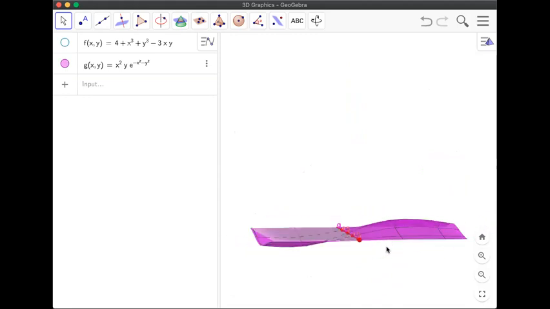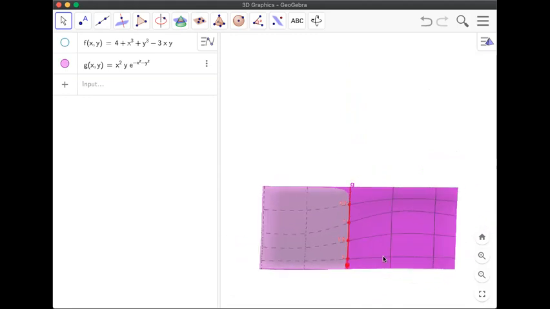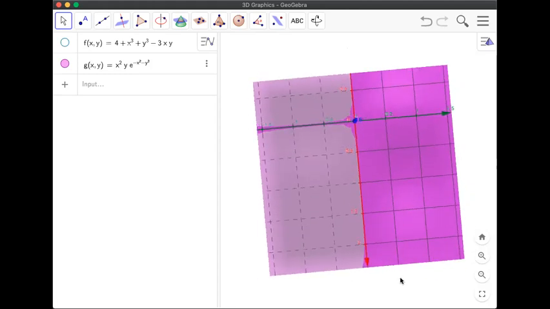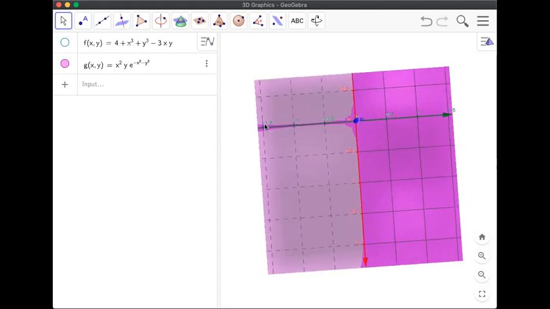Okay. x equals 0. What is that? x equals 0, so 0 comma y. It means the y-axis. The green axis that you see here, that's your y-axis.